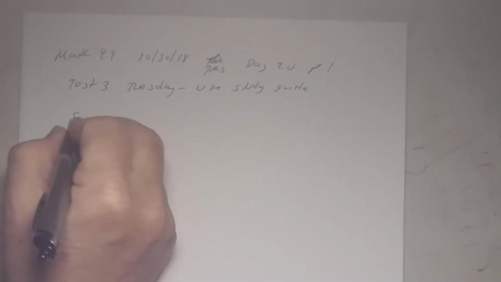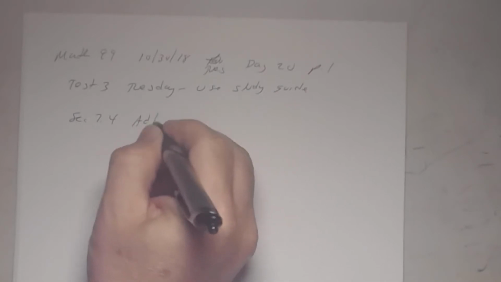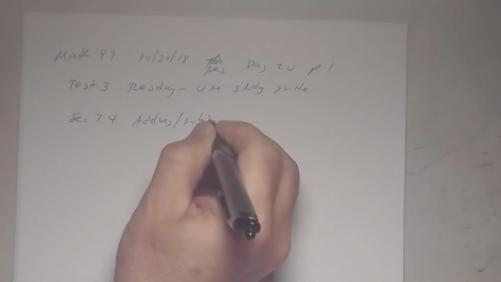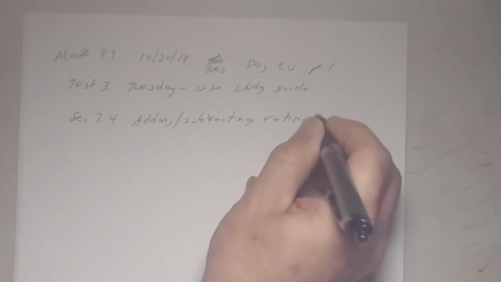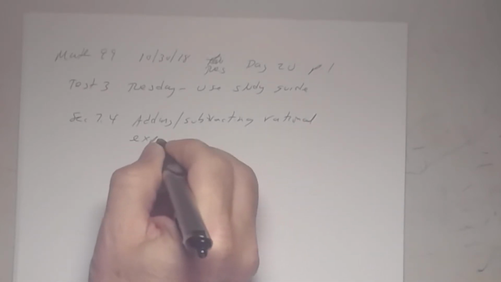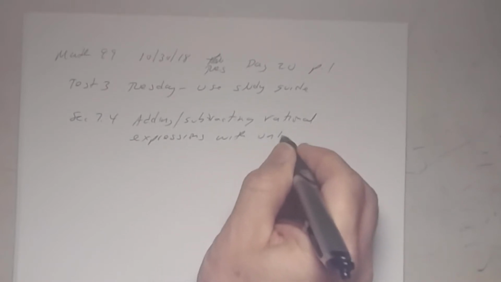All right, so let's talk about these. This part is 7.4. Remember when you left Thursday, I said make sure you can do 7.3, because you need to know that in order to be able to do 7.4. 7.4 is where you're going to start adding and subtracting rational expressions with unlike denominators.